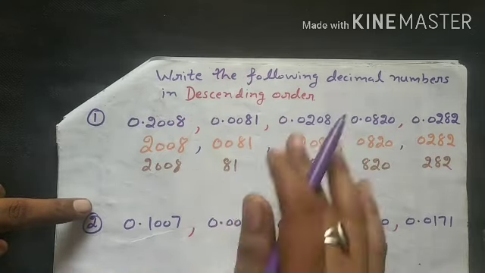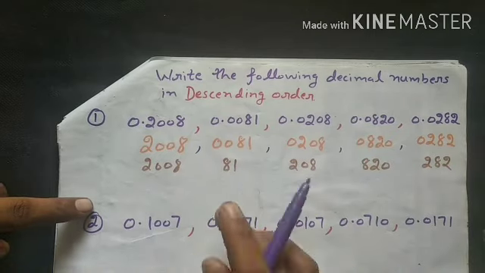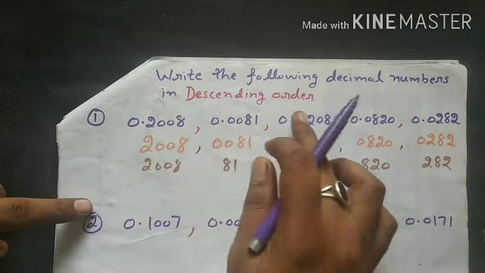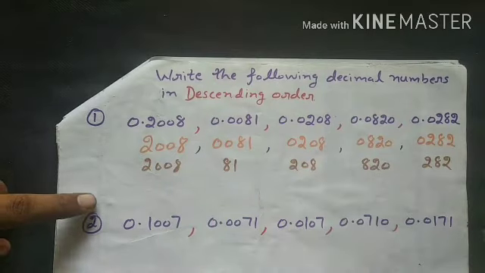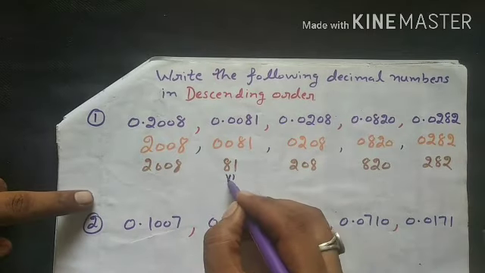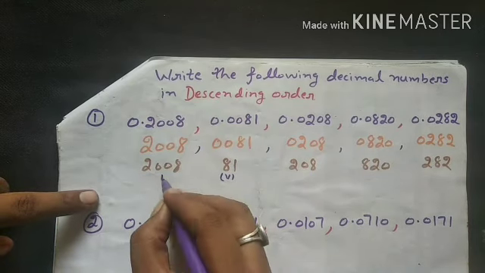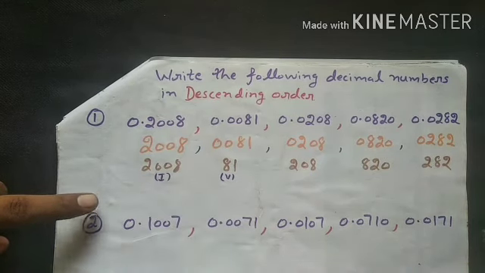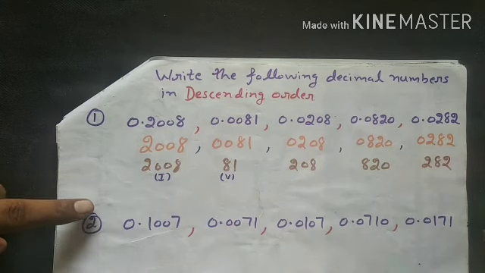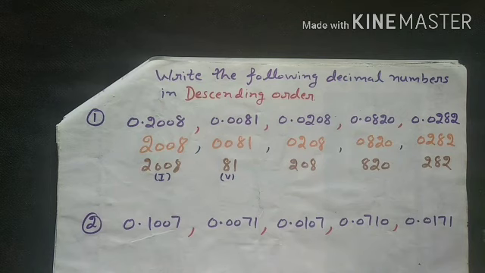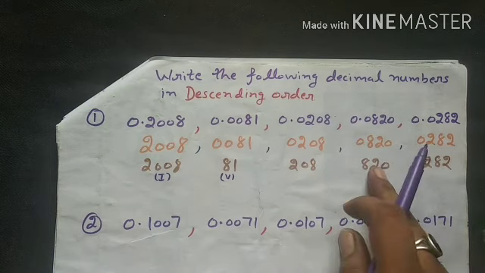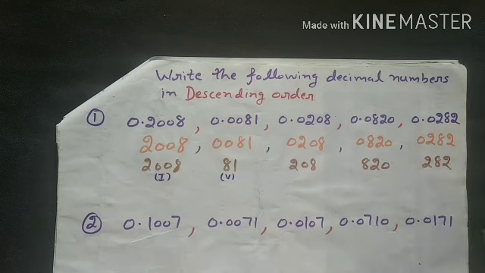We have to write in descending order. So which is smallest? This one. How many numbers are there? 1, 2, 3, 4, 5. So 5 positions are there. So I will write this at the 5th place, and this 2008 will be at 1st place. Okay student, now the question is of the remaining 3. This is 208, this is 820, and this is 282.